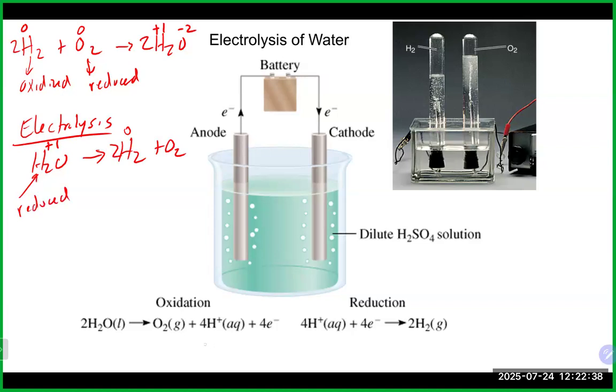That's what we see over here in our reduction reaction: we have our H+ going to 0, which is hydrogen gas. And the oxygen here is going from -2 to 0, so in this case becoming more positive and going through oxidation. That's what we see here, going from -2 to 0.